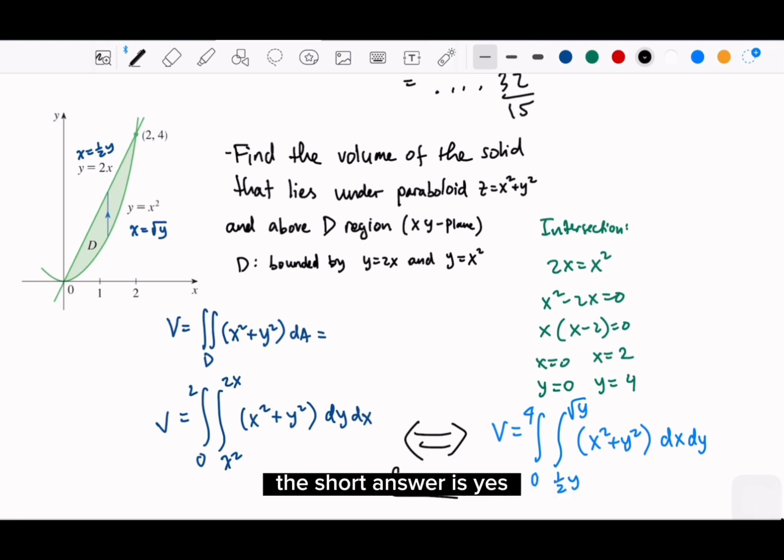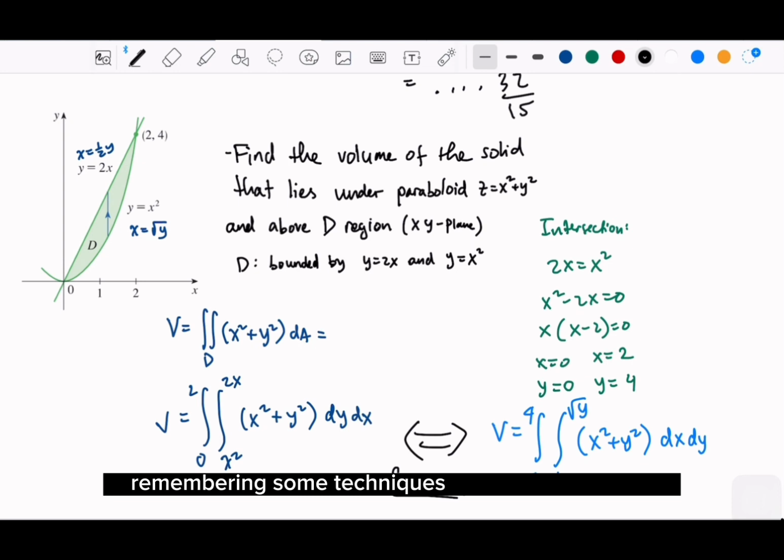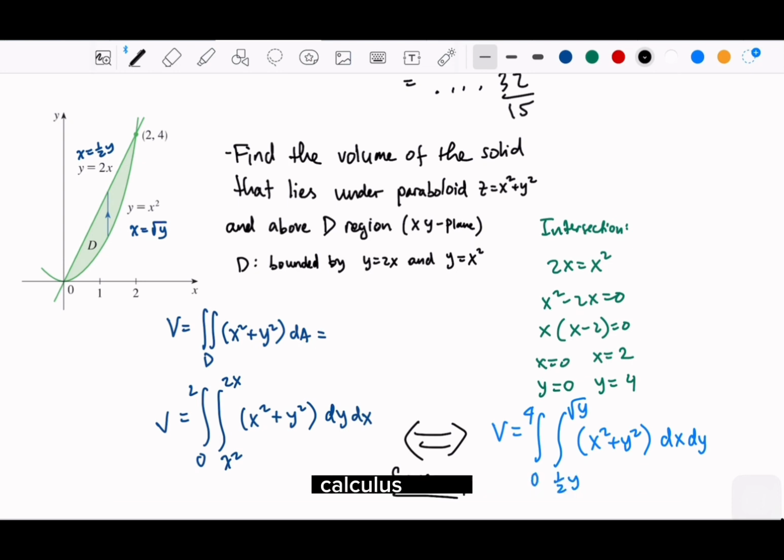The short answer is yes, but how? That will be, I think, tomorrow's lecture. Okay, I think I will end here. You can try to solve this and maybe perhaps remember some techniques in integral from calculus 1 also.